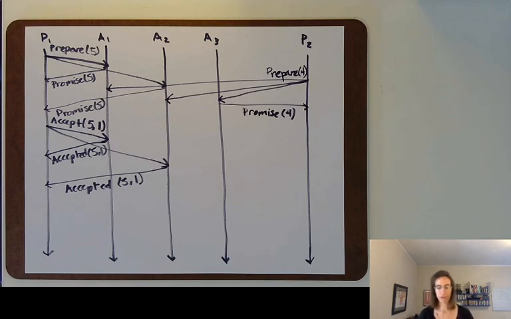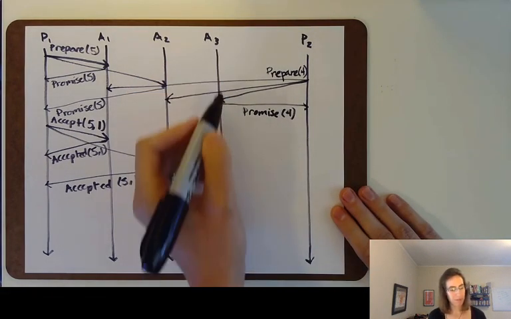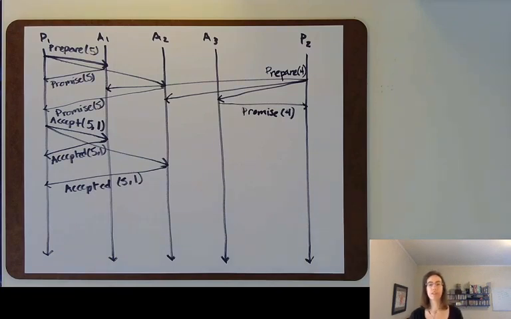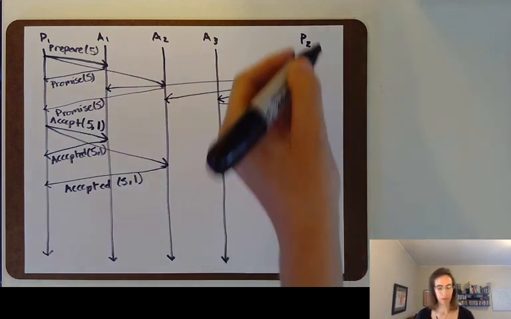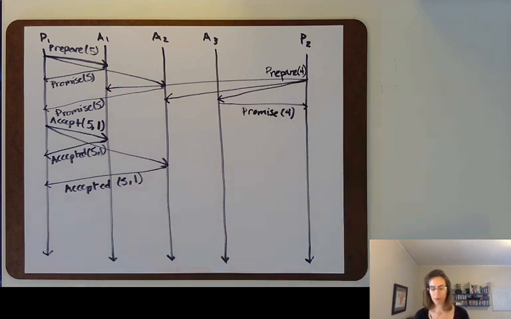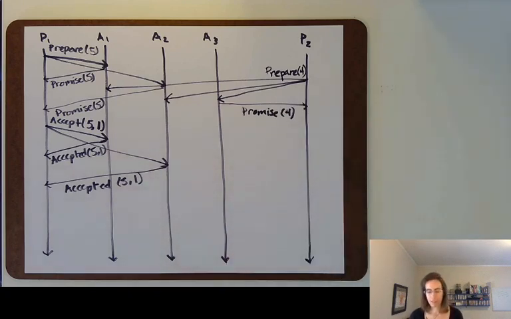Okay, so P2's over here waiting to get promise for messages from a majority of acceptors, and maybe it gets one from acceptor 3 if it happened to send to acceptor 3, but it doesn't get the majority that it needs in order to do anything. So in practice, the way that this would work is that the proposer has some kind of a timeout. If it sends a prepare message and enough time goes by and it never hears from a majority of acceptors, then it can send a higher numbered one.